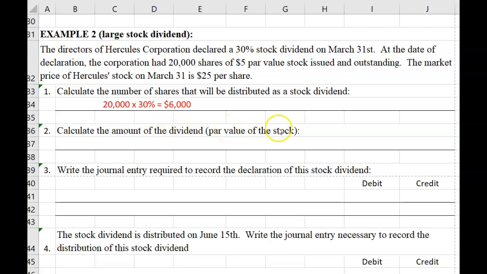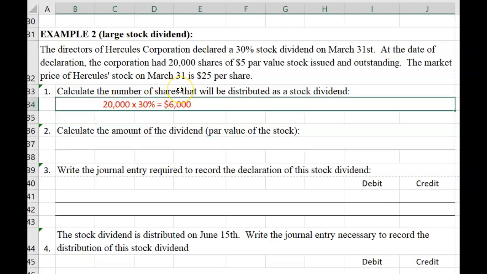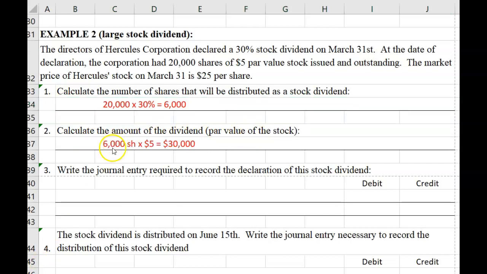That's the par value of the stock. I made a mistake right here. It's 20,000 shares times 30% is 6,000 shares that will be distributed. Now calculate the amount of the dividend based on the par value of the stock. 6,000 shares at $5 per share par value equals $30,000 dividend.